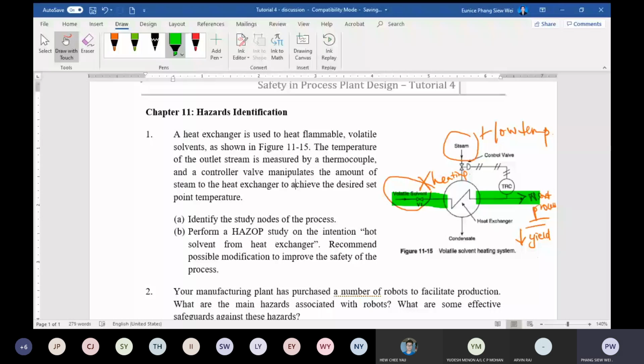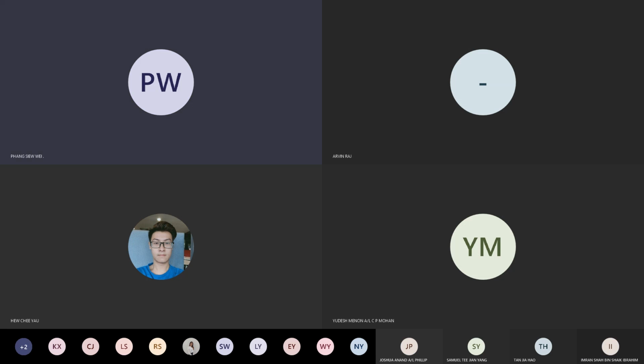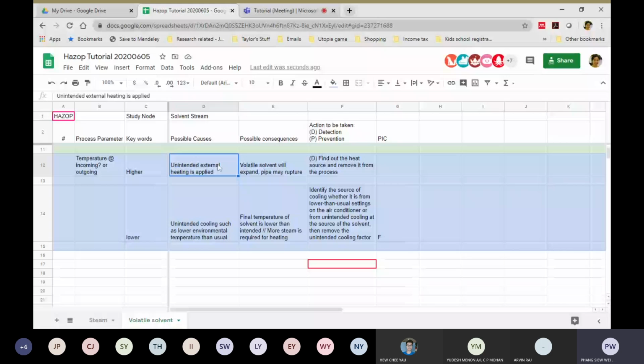Then your claim on this one is applicable, meaning unintended or higher steam that causes the higher temperature.